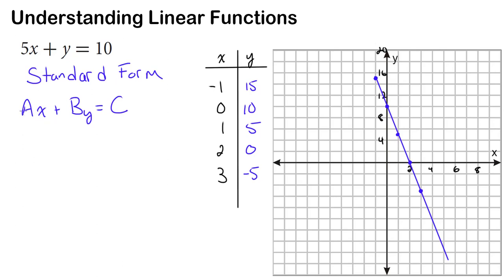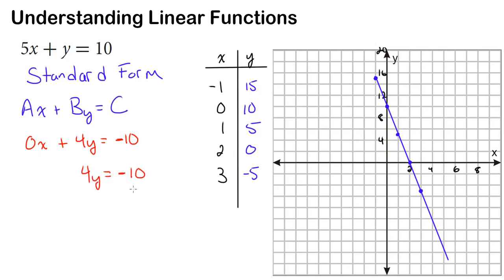So for example, if A were 0, it might look like this: 0x plus, let's say, 4y equals negative 10. Well, this is okay. Normally it won't look this way, because 0 times anything equals 0, and 0 plus 4y would just be 4y. So this equation would be written like this.